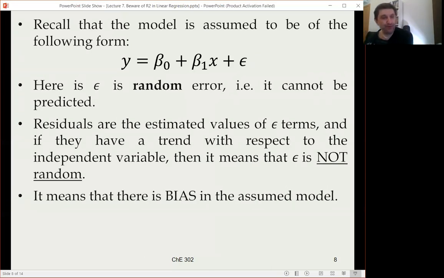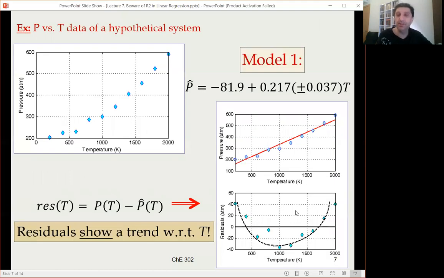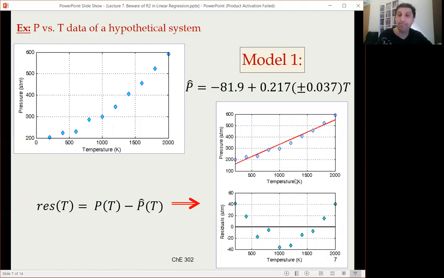If you find this logical approach a little bit too confusing, you can think in statistical terms. It means that there is bias in our assumed model. What do I mean by that? Let's go back to our model here. It means this.